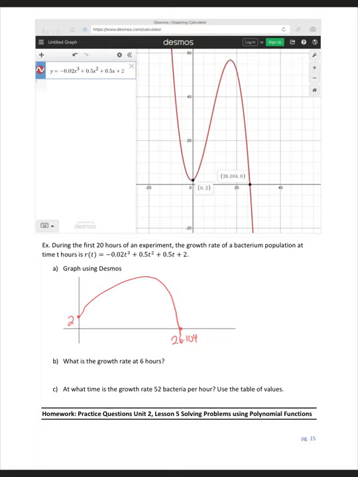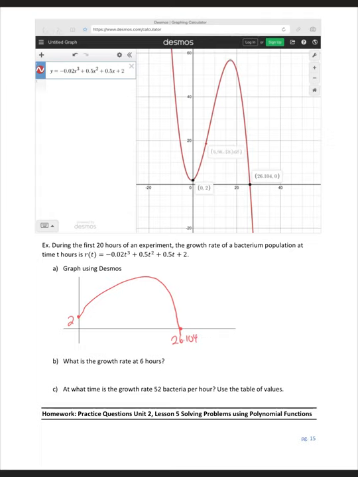So if we come back in Desmos, we can follow along the curve with our finger and find when is the growth rate at 6 hours. So when is our x value 6? We could do it like this, or we could go to our table of values.